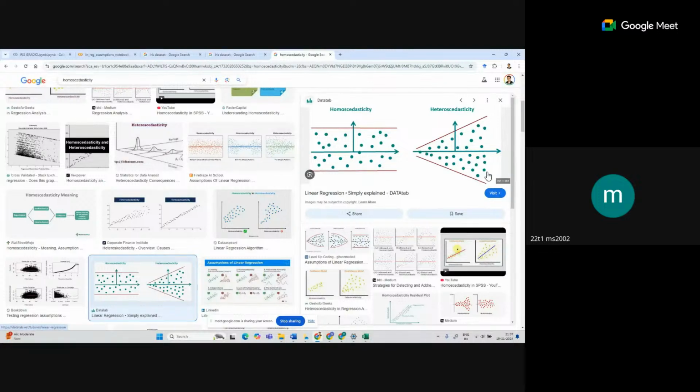It's a bell-shaped pattern, right? The variance keeps increasing as we go towards the right. As the intensity increases, the variance also increases, so you see a bell-shaped pattern there. So this is heteroscedasticity, and when you have heteroscedasticity, it violates one of the assumptions of linear regression.